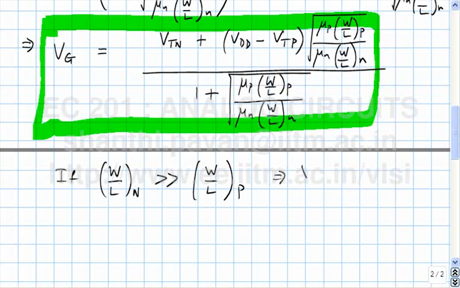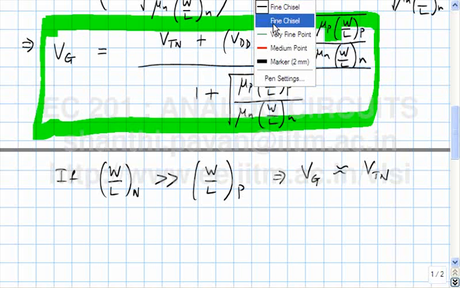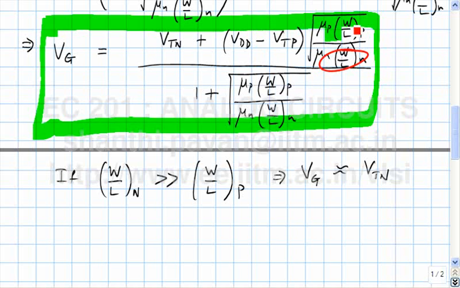Then VG is approximately VTN, because this is much larger than this, so this expression will approximately go to 0, and similarly the same thing with this one here.